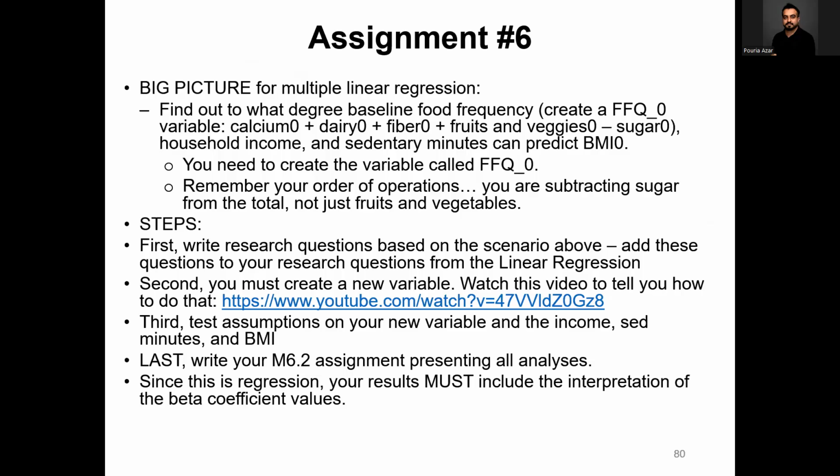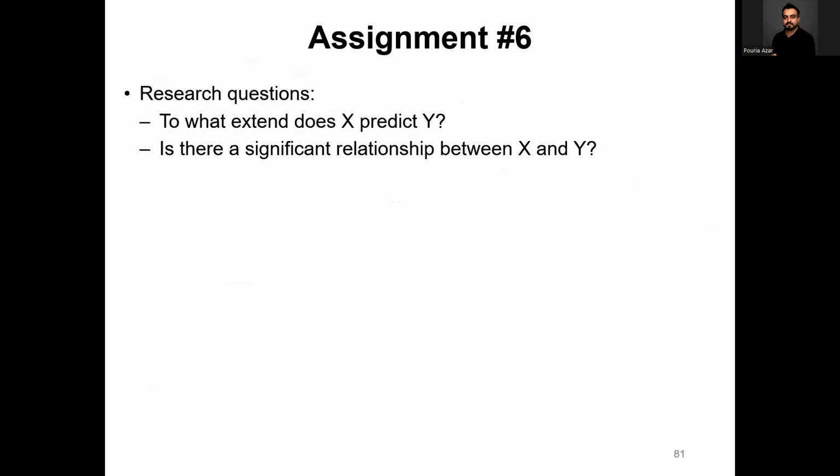But you have to check for assumptions here again. You need to check for multicollinearity because we have multiple predictors. And then using the template, you need to report the analysis. So for regression analysis, the research questions can be like, to what extent does independent variable predict outcome variable?